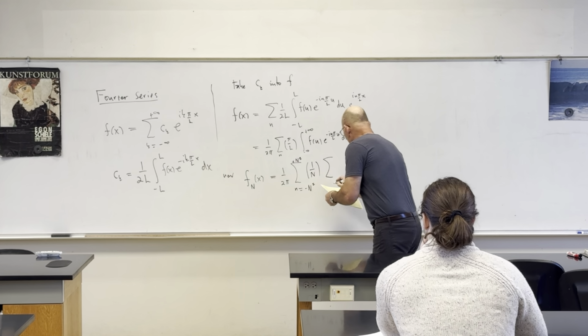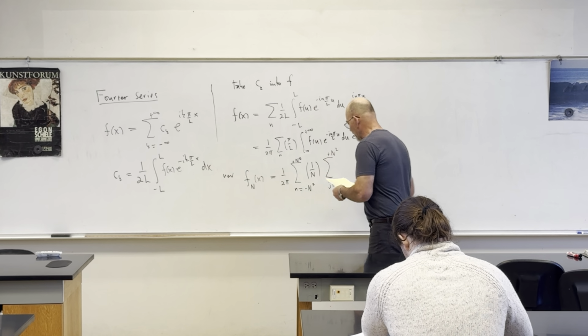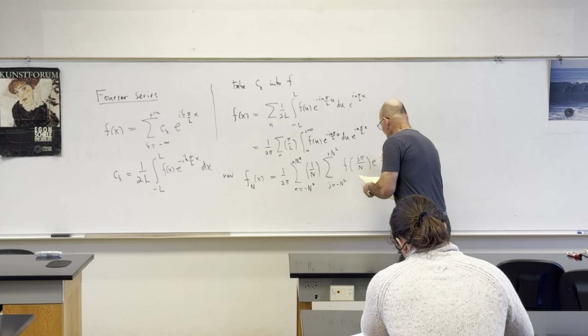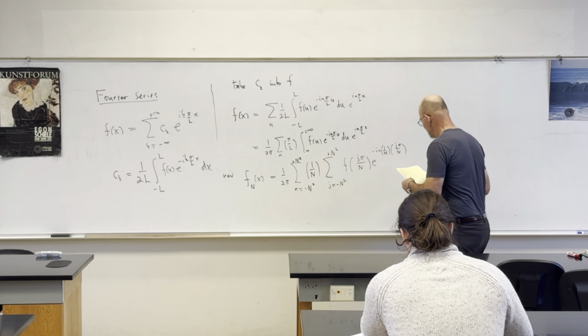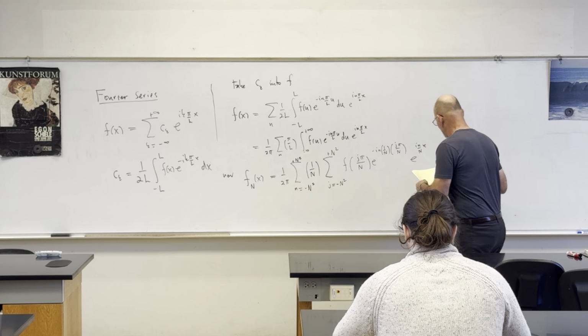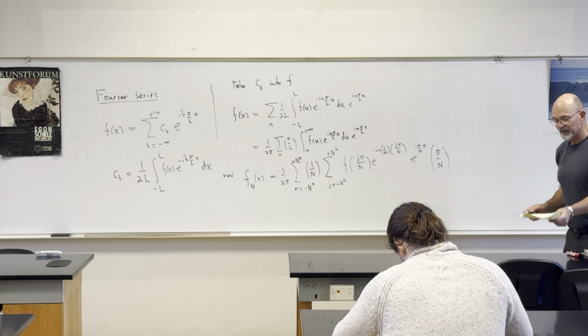I have another sum, j equals minus n squared to plus n squared. f of j pi over n, e to the minus i n times 1 over n, j pi over n, e to the i n over n x, pi over n. Okay, I'm going to box this in.